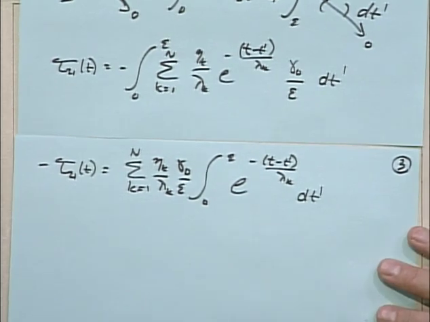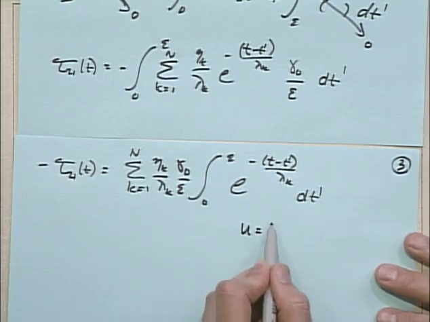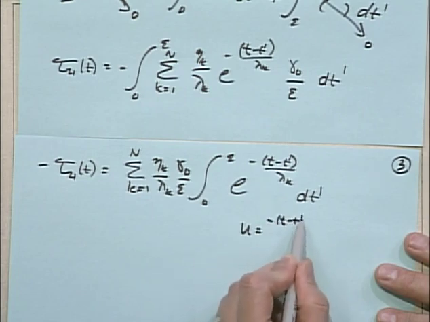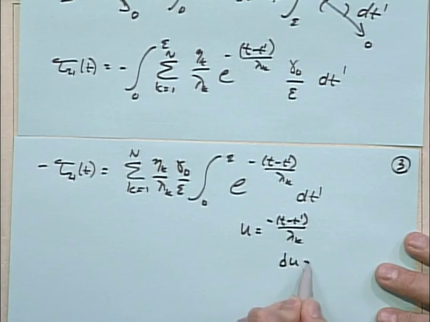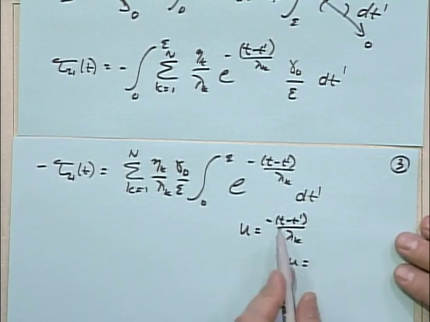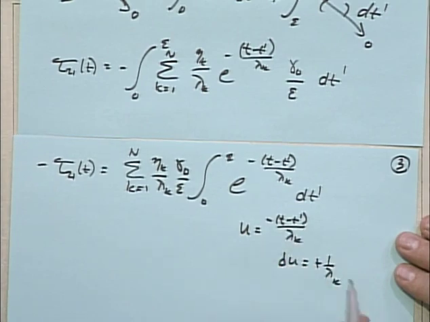So once again, we've got e to the u du here. If u is minus t prime over lambda k, then du must be minus 1 over lambda k times minus 1 dt prime.